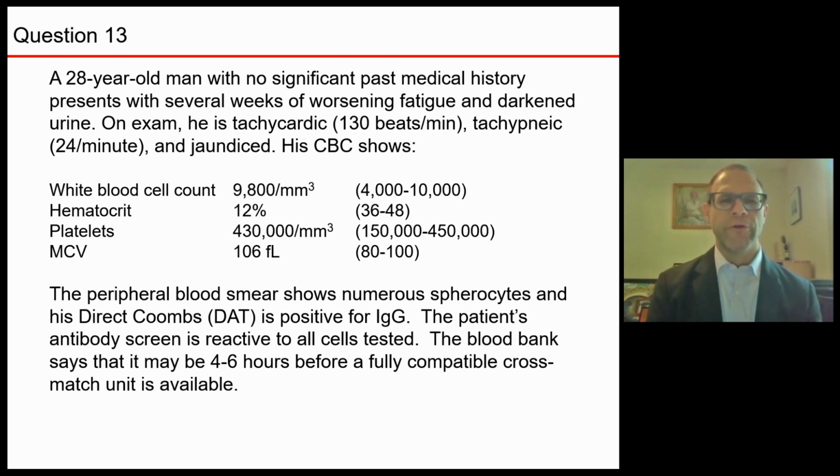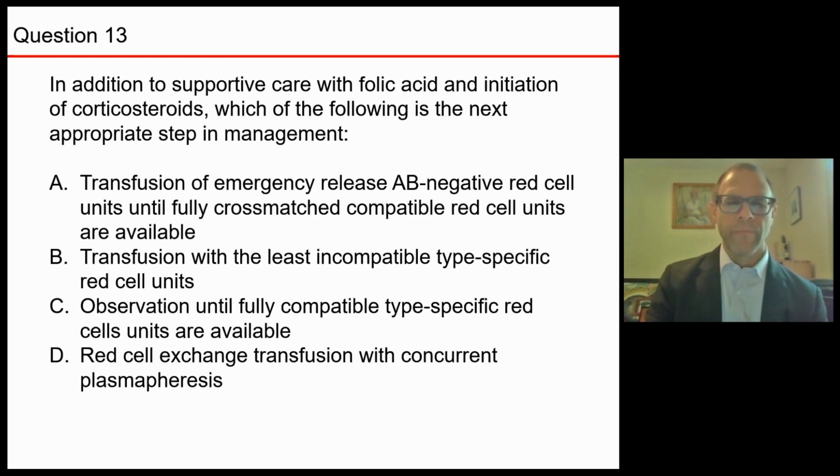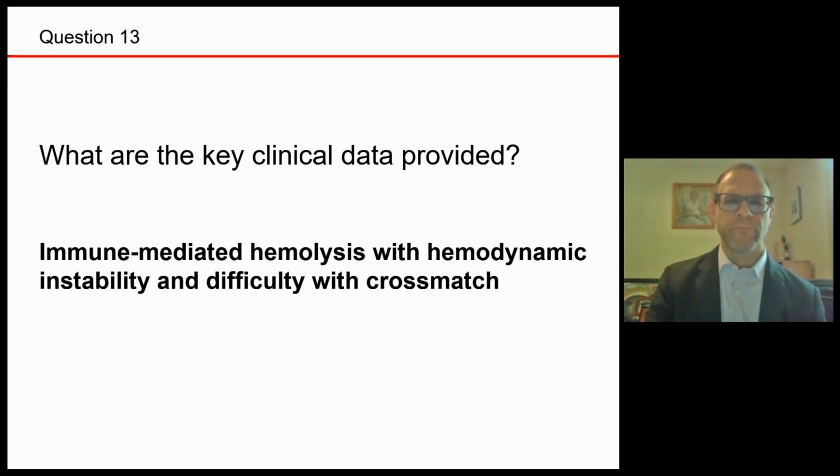The hematocrit of 12% is life-threatening. And the key here is that it cannot wait. It cannot wait for a workup. It cannot wait for the blood bank to get the perfect unit. This is somebody who has life-threatening anemia and must be transfused promptly.